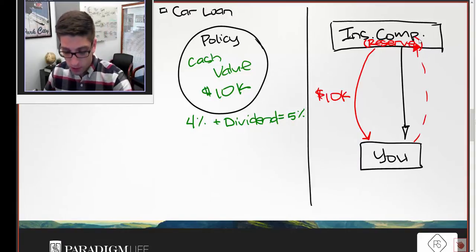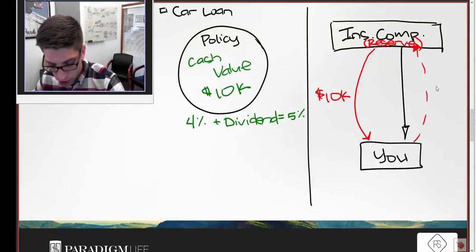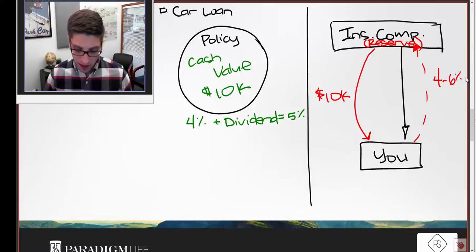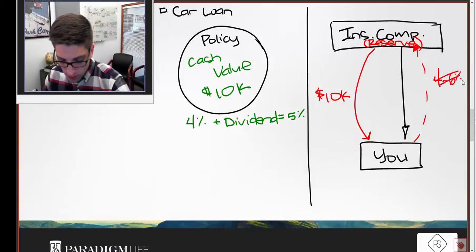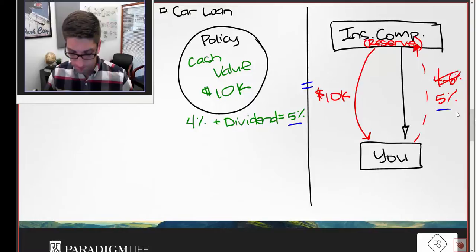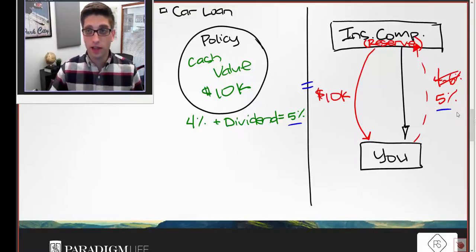It's an opportunity cost to them. Typically that interest rate ends up being somewhere between 4 to 6%. For our example today, we're going to say that amount is 5%. We're going to hold both of these sides basically equal to each other. 5% here, 5% here. Now let's calculate this cost.